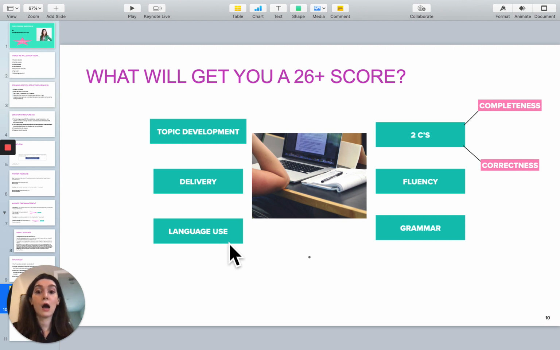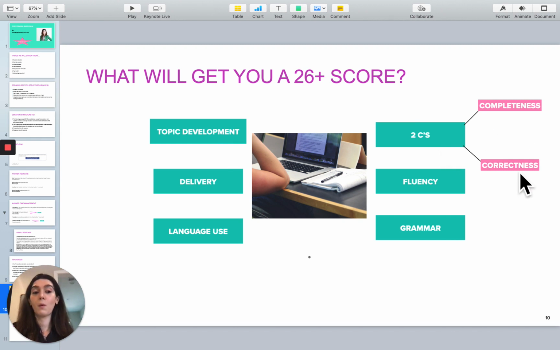Now, there's a lot that goes under each of these categories, but for this video, I'm going to talk about one item under each of the categories. And we've talked a lot about other information such as intonation and time management that kind of falls under one of these. So for topic development, the best way to remember it is 2 C's, completeness and correctness.